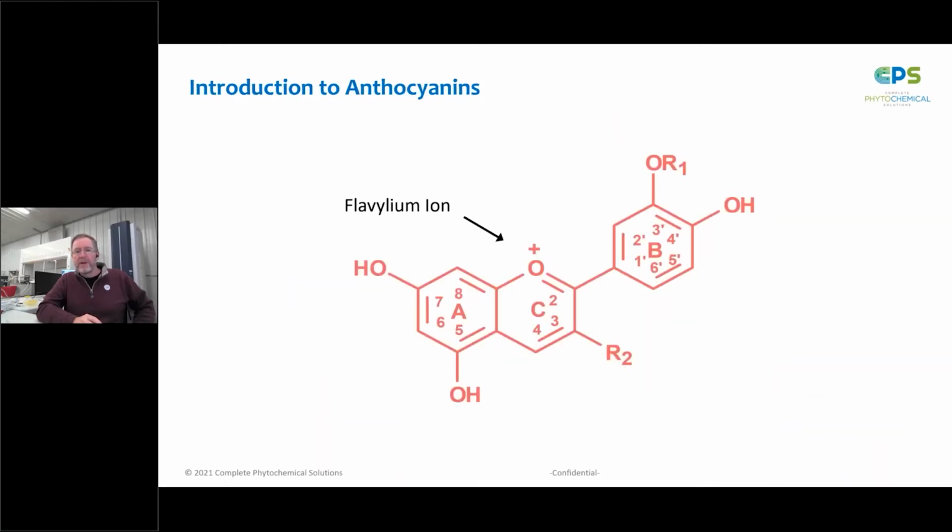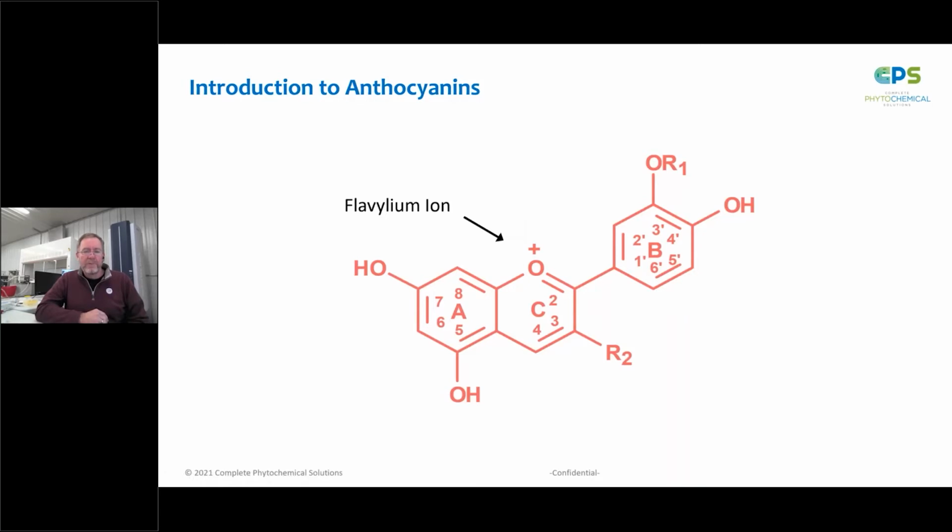So I'm going to give a very quick and brief introduction to two classes of compounds. One is an anthocyanin, and these are the compounds that provide the red colors, the blue colors, the purples in flowers, in fruits. And there are really a couple of unique aspects of this compound. And one is the most predominant, this positive charge that we refer to as a flavylium ion.